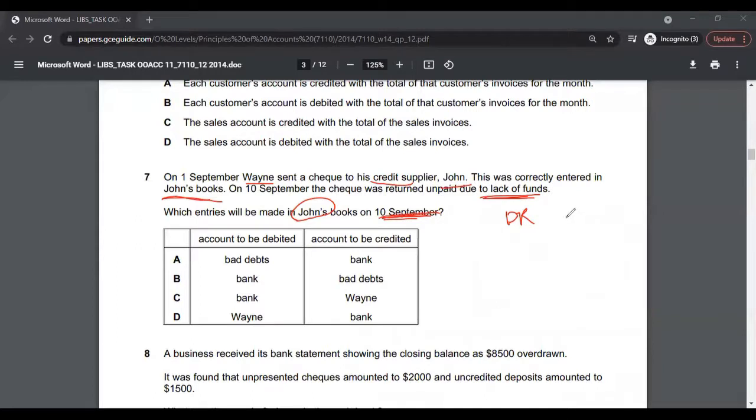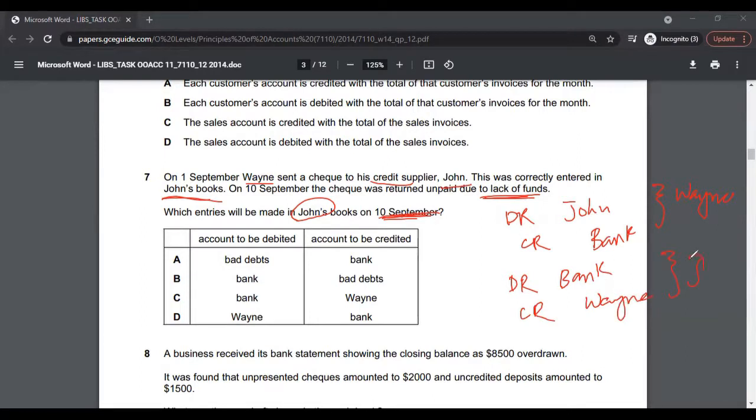If you look at it from Wayne's perspective, he has debited John and credited bank. From John's perspective, John would have done debit bank, credit Wayne.